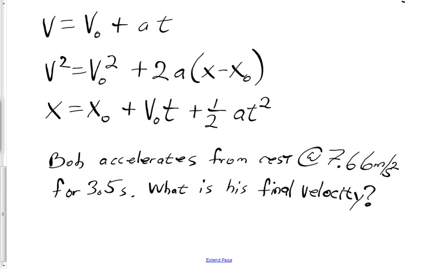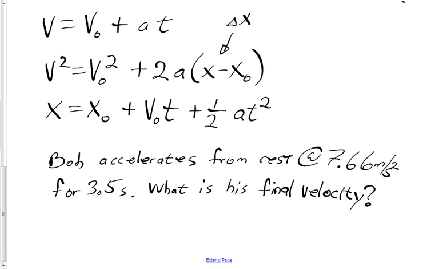We have v squared equals v naught squared plus 2a times x minus x naught. And please recognize that this here is the same thing as delta x. And so personally, when I write that, I usually just write it as 2a delta x, because it's the same thing.